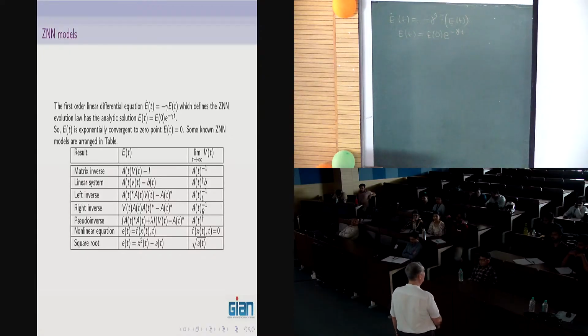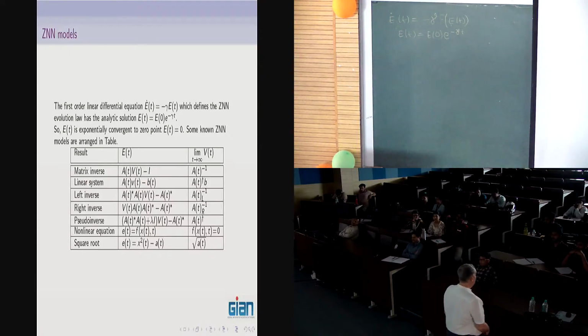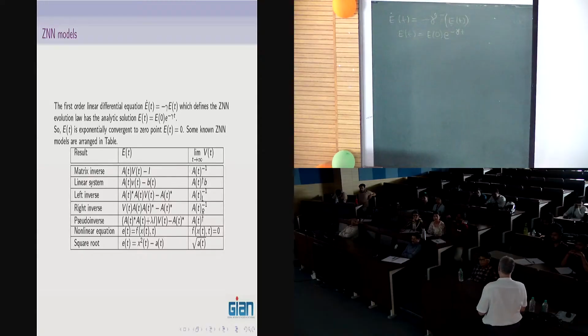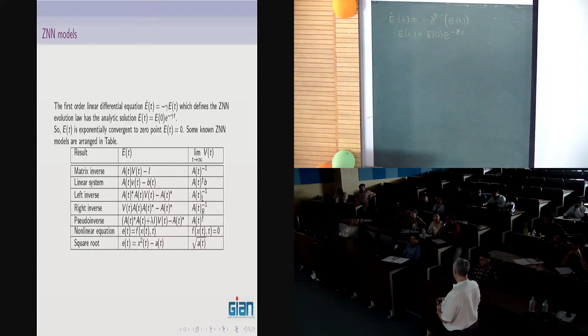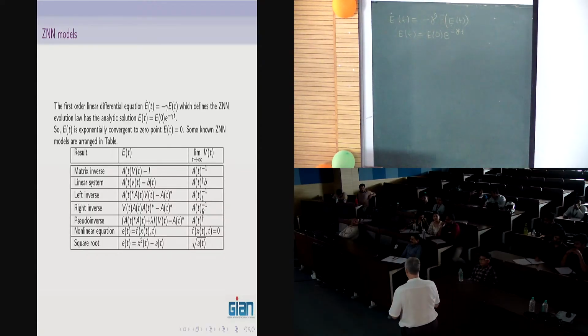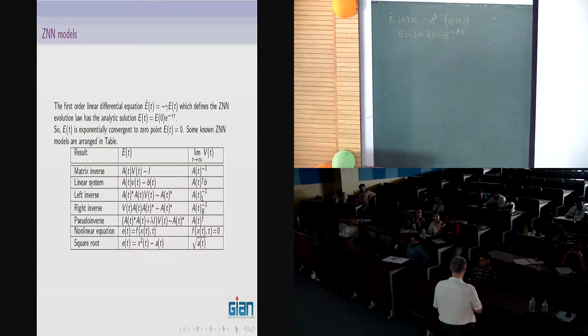In the gradient neural network, we had constant matrices as input. Here we assume that input is in time-varying form. It means that this input can change during time.